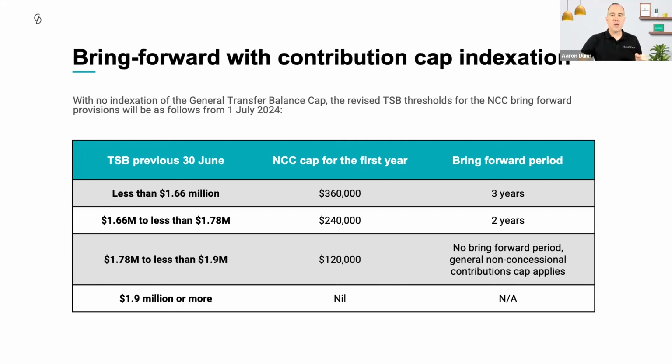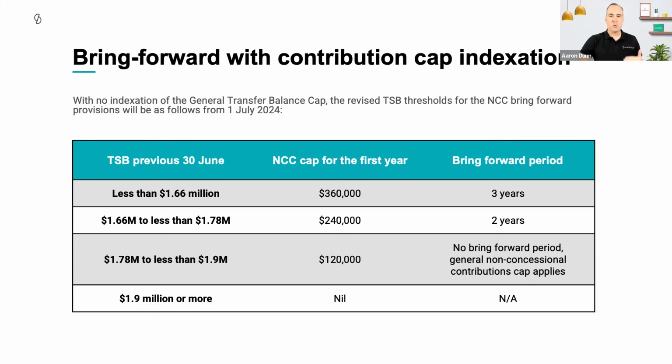So when we look at the phase in respect to applying the bring forward, we now need to adjust by that additional indexation of the non-concessional contribution cap. So you can see here, if we start at the bottom first, which is probably the easier way to go, at $1.9 million or more, as is the case right now, there is no ability to make a non-concessional contribution.